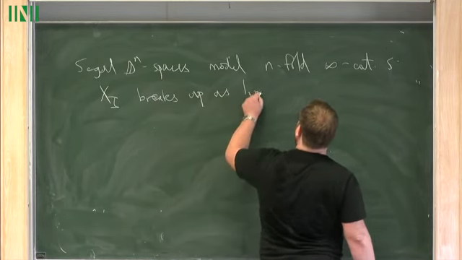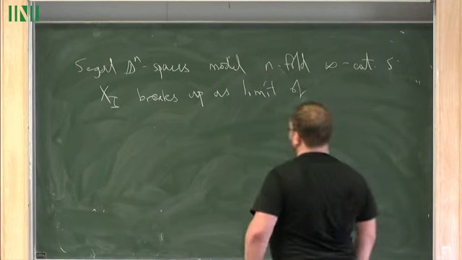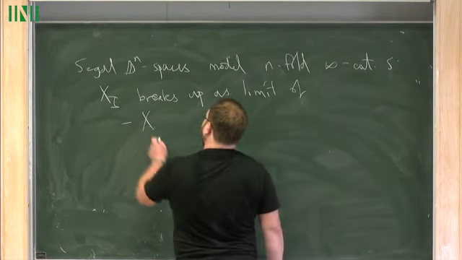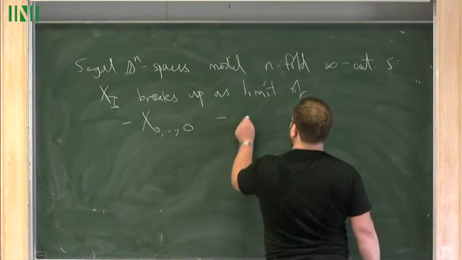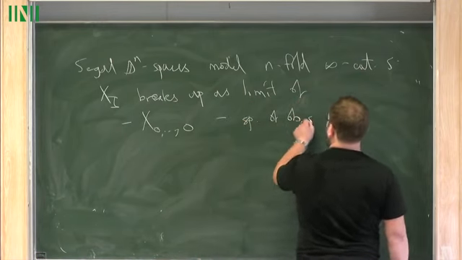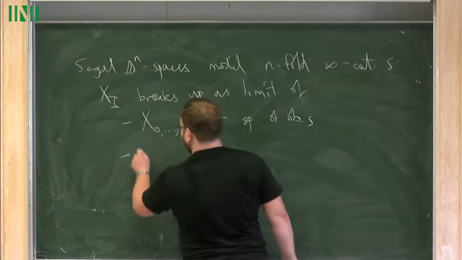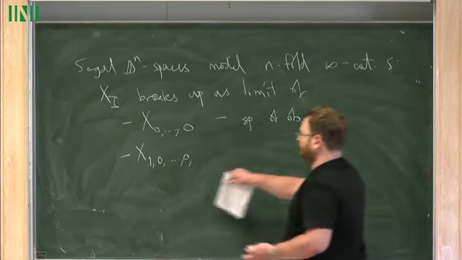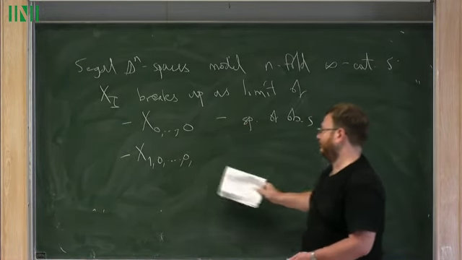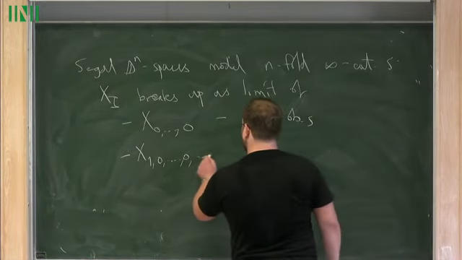as limit of the basic building blocks, which here are x 0 dot 0, which we should think of as the space of objects, and then we have x1 0 dot 0, and all the guys that have 1 in one entry and the rest 0.